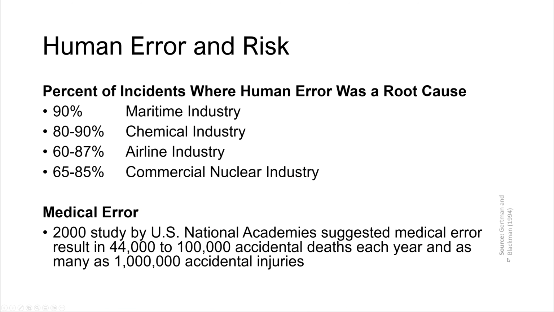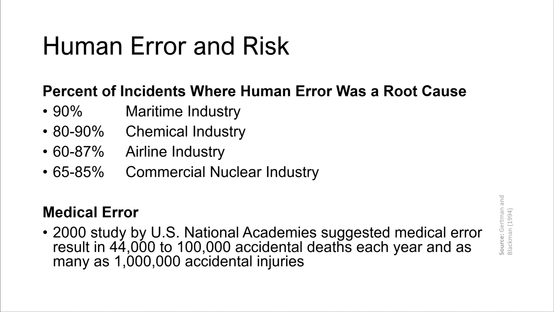All right. So human error and risk. This is something that I also bring up in most presentations, which is the percent of incidents where human error was a root cause. As you'll see here, the percentage of incidents where human error was a root cause is significant, and if you track back through history, has been increasing.